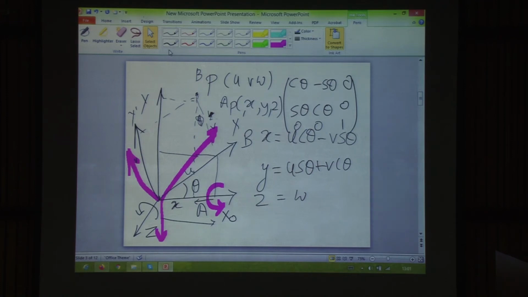Now something to remember here is that when we are multiplying 2 rotation matrices, you need to pre-multiply, okay? Why? Because these are matrices, so A into B is not equal to B into A, okay?